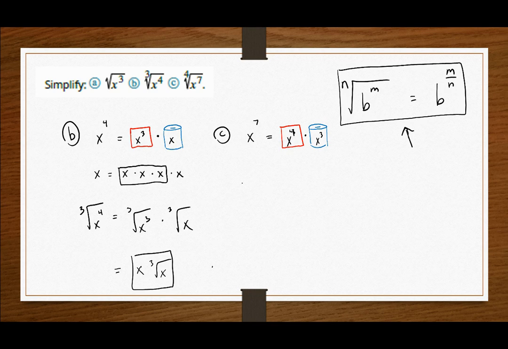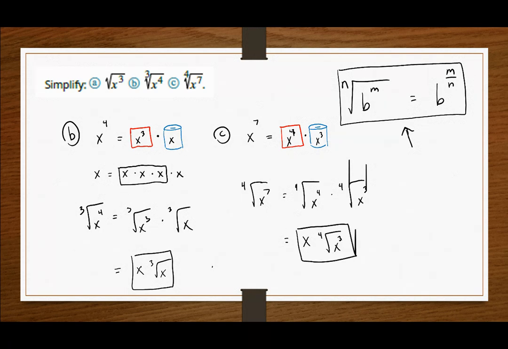So the fourth root of x to the seventh will split into the fourth root of x to the fourth times the fourth root of x to the third. So the fourth root of x to the fourth is just x, and the fourth root of x to the third is what we threw in the trash. It stays underneath the radical just like that.